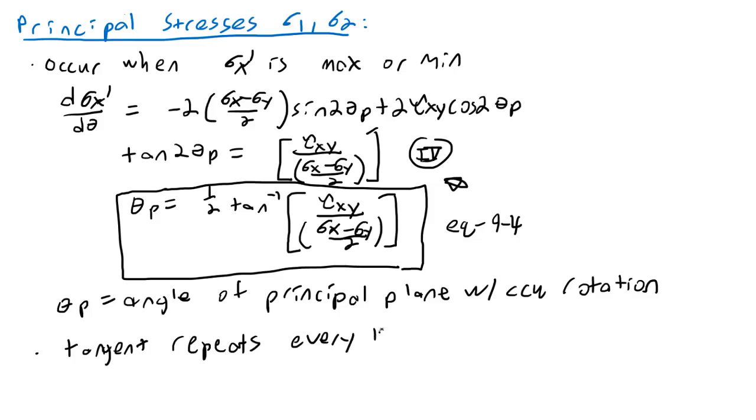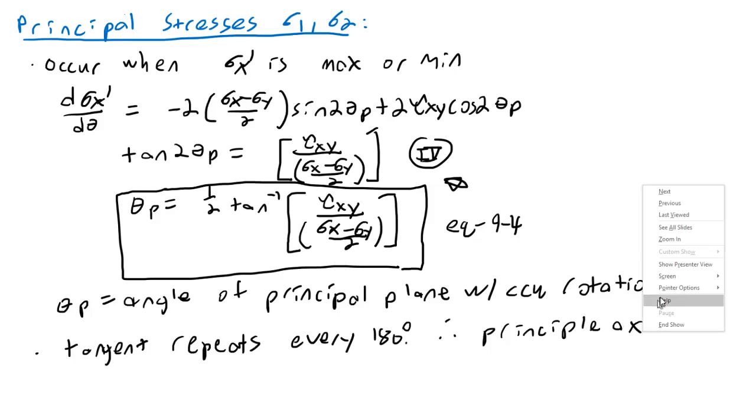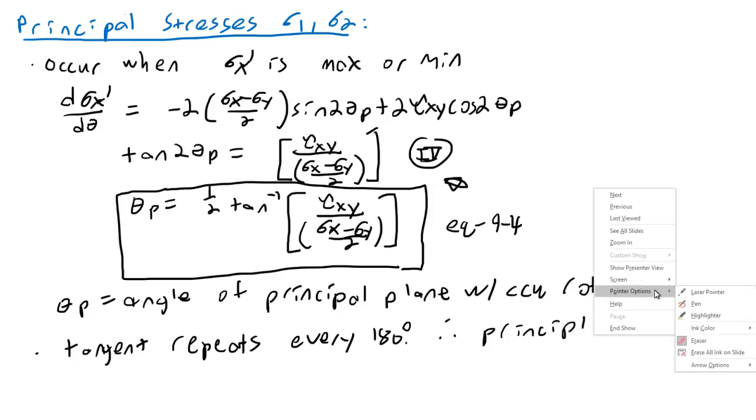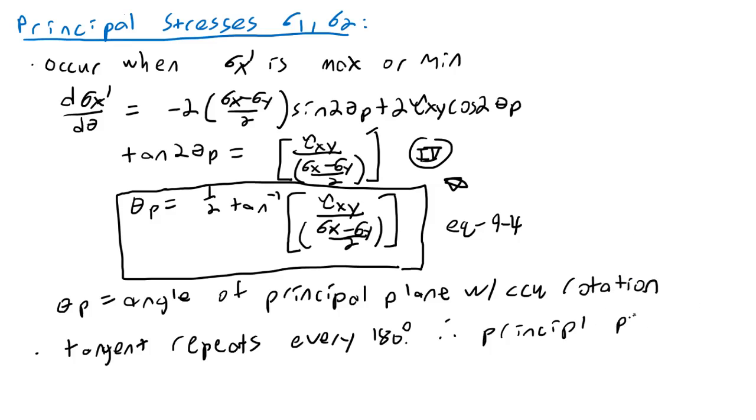Therefore, principal planes are 90 degrees apart, or pi over 2 radians.